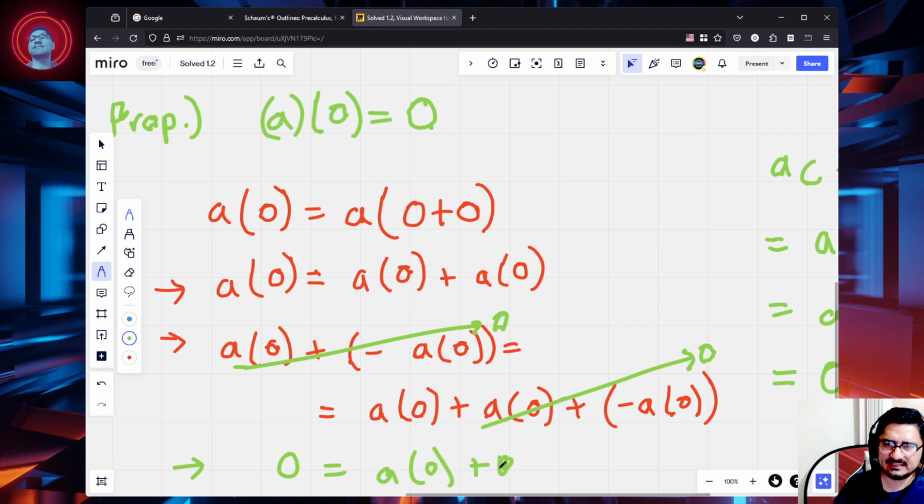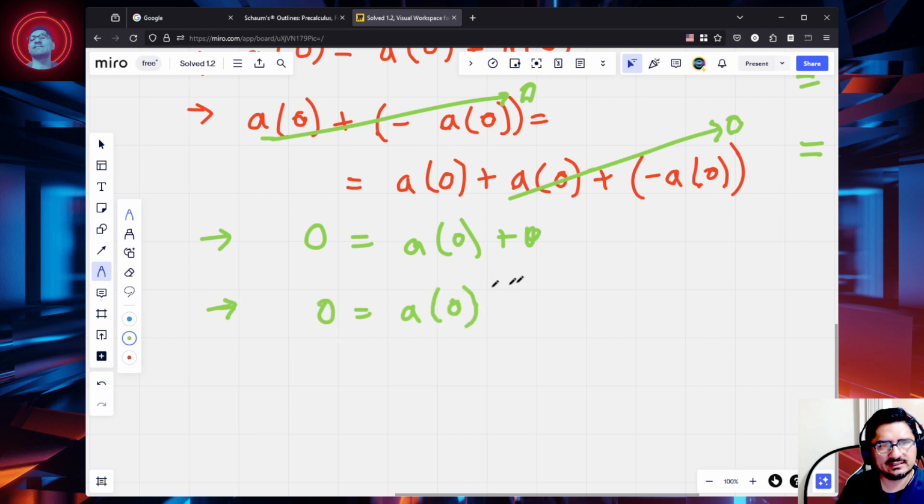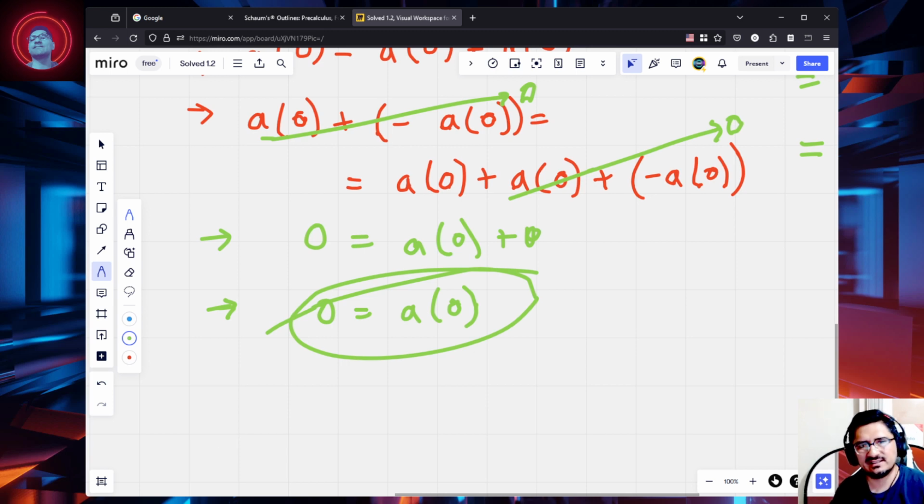But remember, 0 is the neutral element. Because we can just add 0 to the right hand side, we have again a times 0. Because of that, if you take any real number and you multiply it by 0, you will obtain 0.